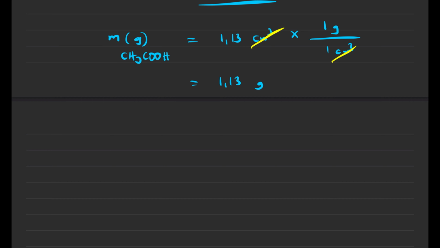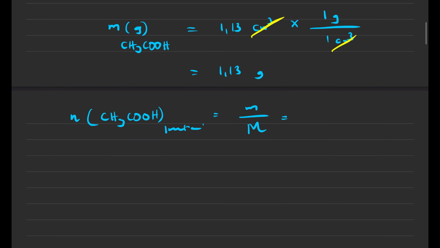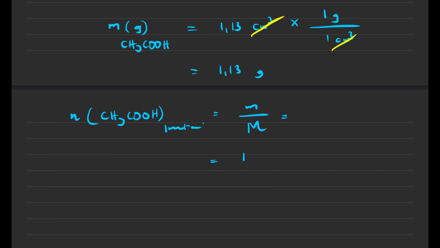So from here, you are going to find the number of moles of acetic acid, the initial amount, okay? The initial amount in moles is going to be the mass divided by the molar mass. So the mass, you've already calculated as 1.13 grams.